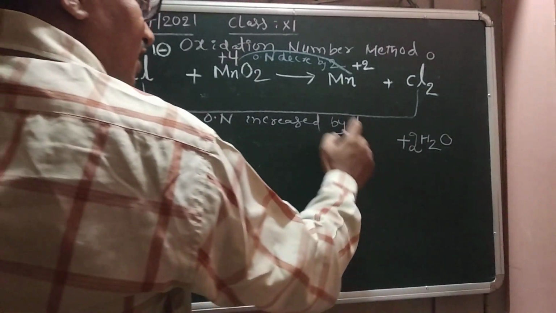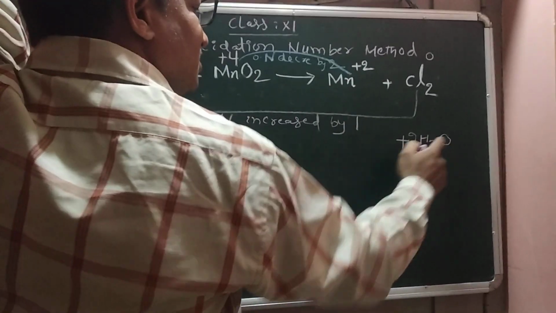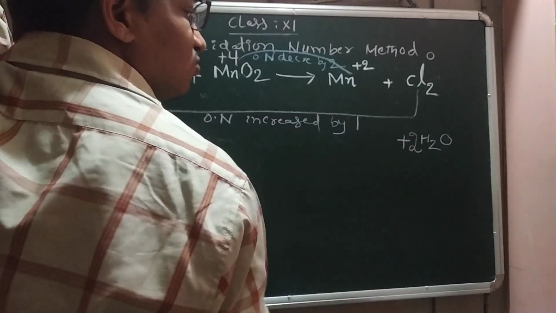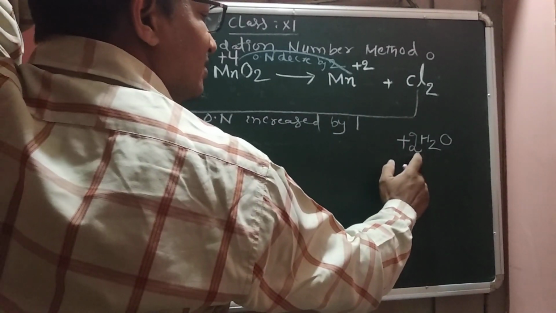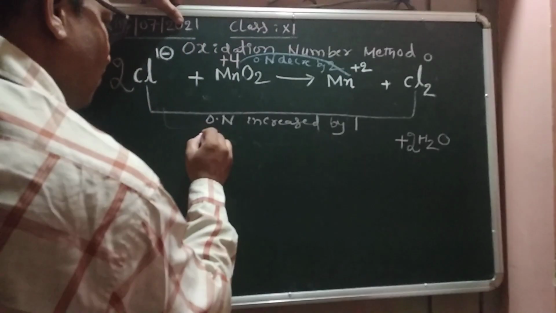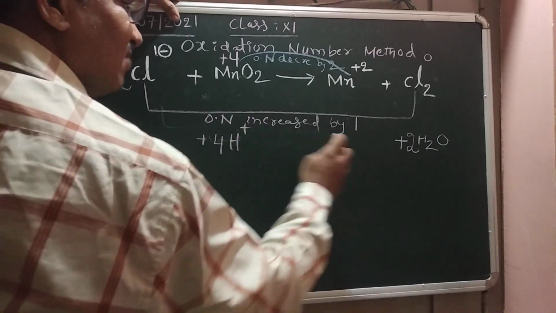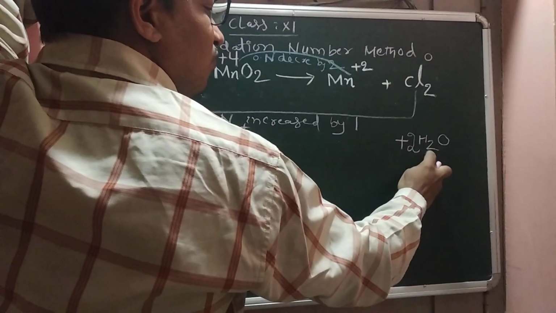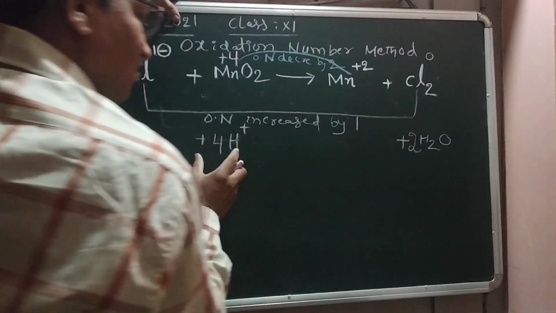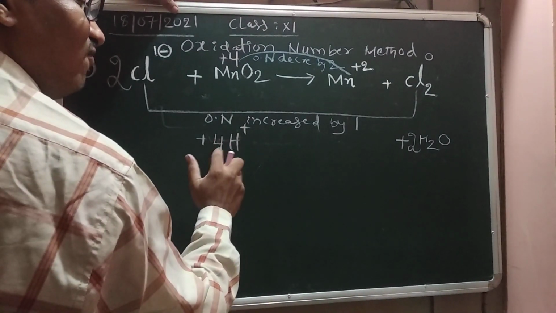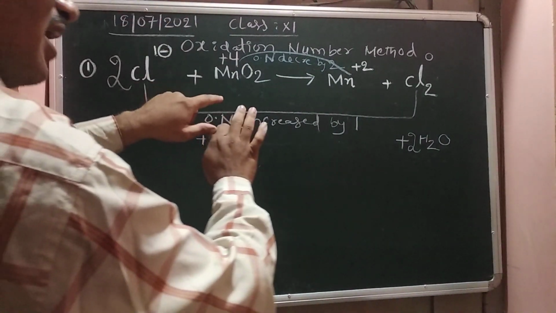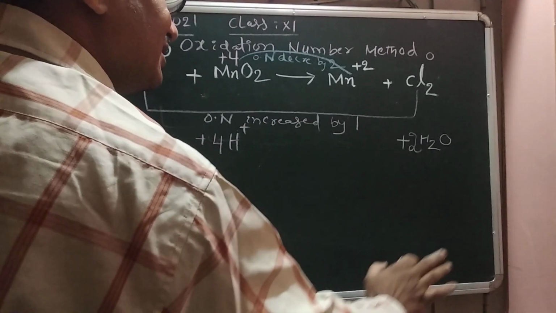Now oxygen atoms are balanced. Now hydrogens should be balanced. There are 4 hydrogens more on this side, so I have to write 4H plus on the other side. So now the hydrogens are balanced, oxygens balanced.